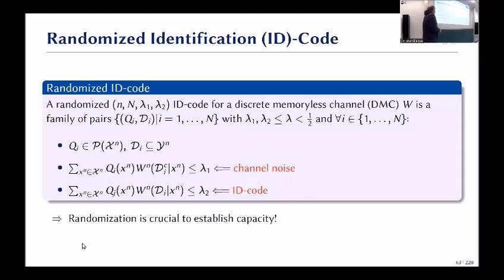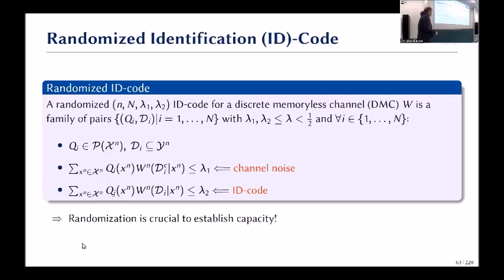So that means now, if you remember the definition for a deterministic identification code, we changed it here like we do it for the transmission code, so that instead of having a u_i for a code word, we have a Q_i for a random variable or probability distribution, such that Bob can randomly choose a word from X^n.